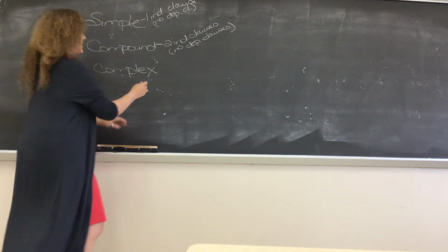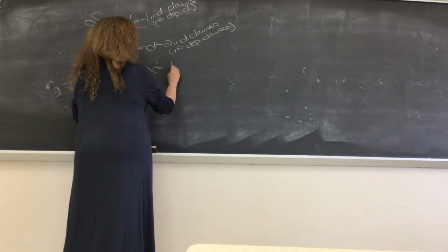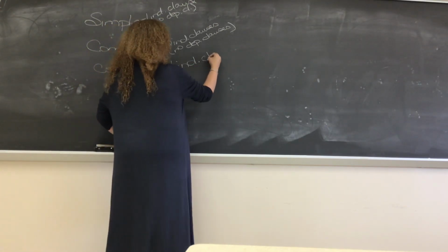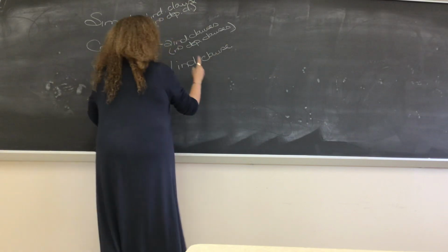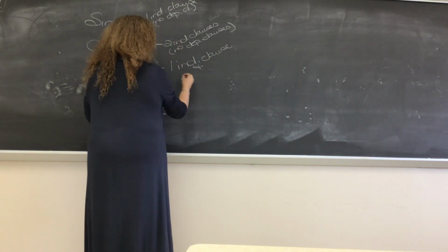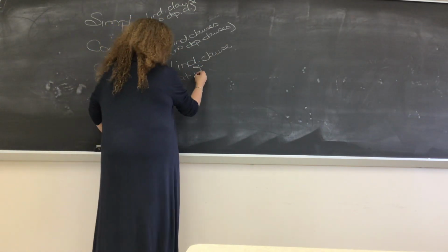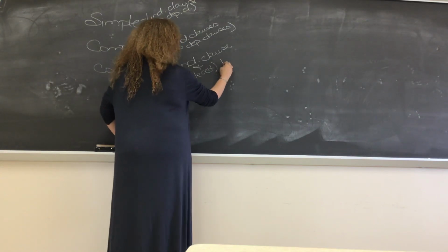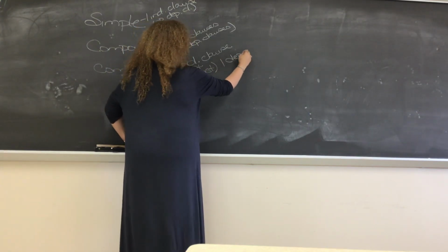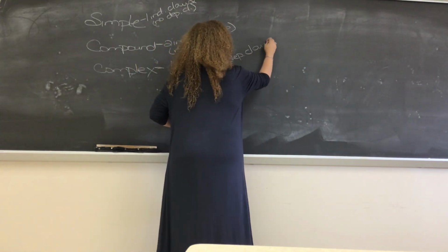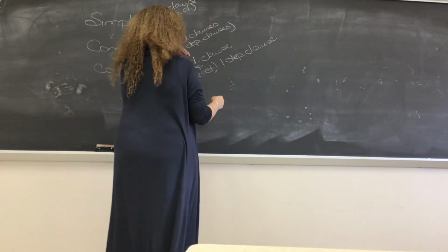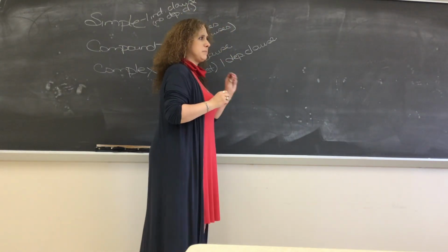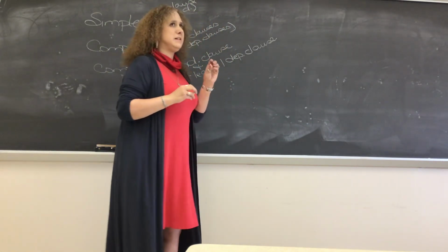A complex sentence is only one independent clause along with at least, and it could have more and often does, but at least one dependent clause. Okay? Here's an example, and I'll give you a couple of examples, but this first one would be more easily missed.